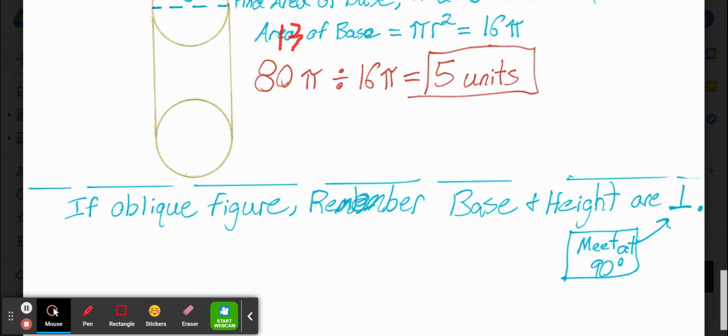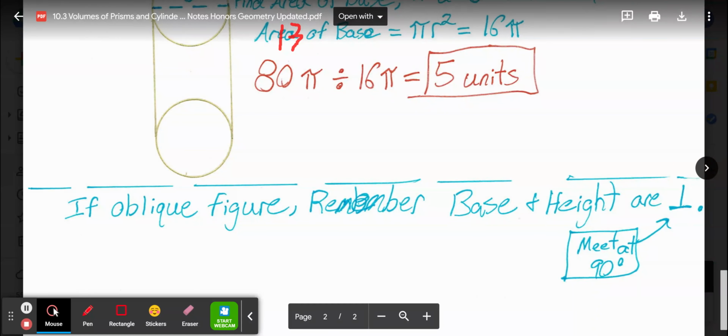And then one last note here. All the figures that were in these examples were right figures, where the base meets the height at a perpendicular, or meets at 90 degrees. So the symbol here, perpendicular.